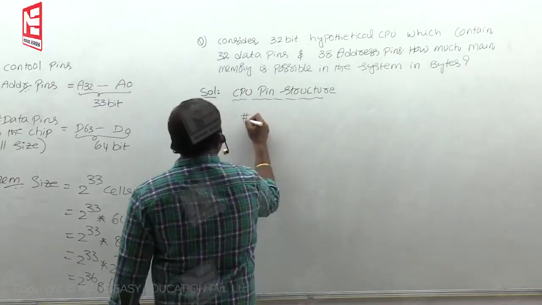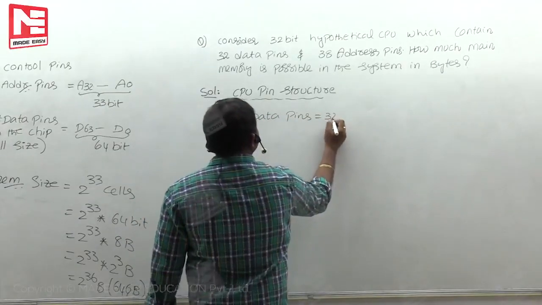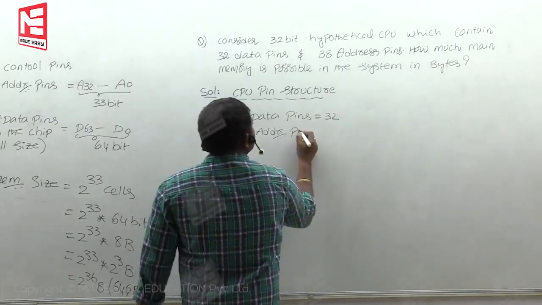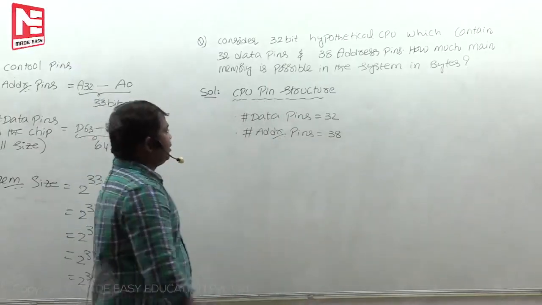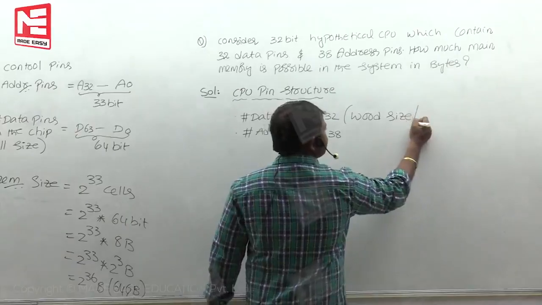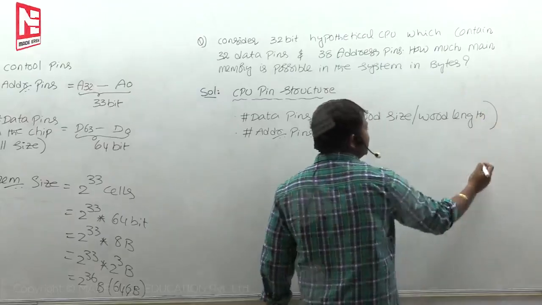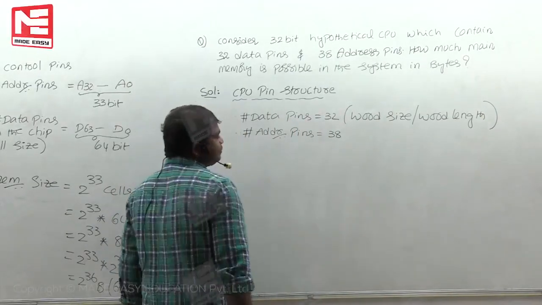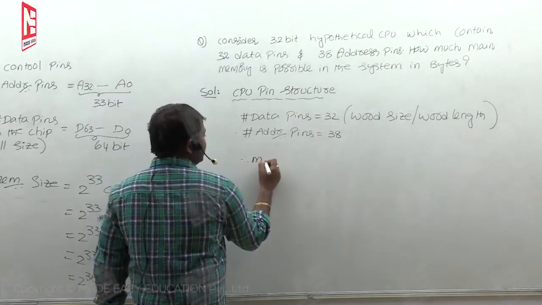That is, number of data pins equal to 32 and number of address pins equal to 38. Okay, 32 data pins means the word length of a CPU. The word size or word length of the CPU is given as 32 bit. Is it okay? Now, the CPU contains 38 address pins.